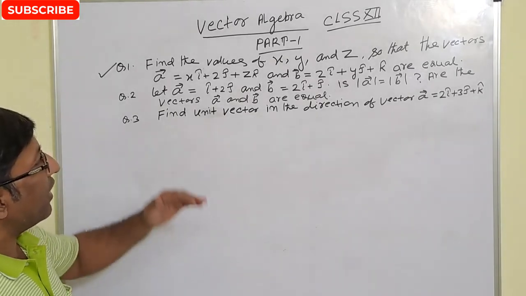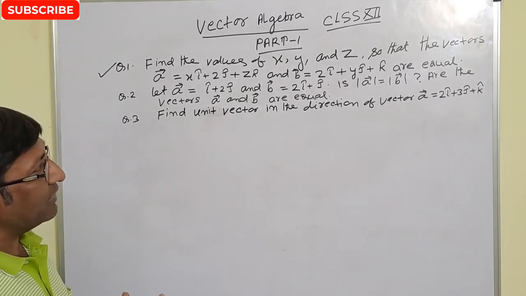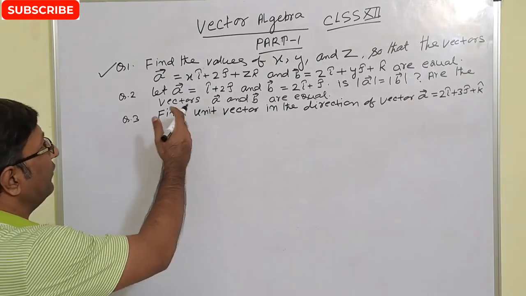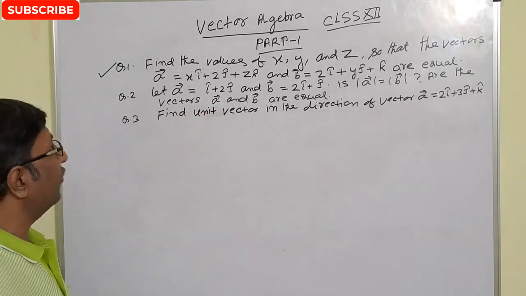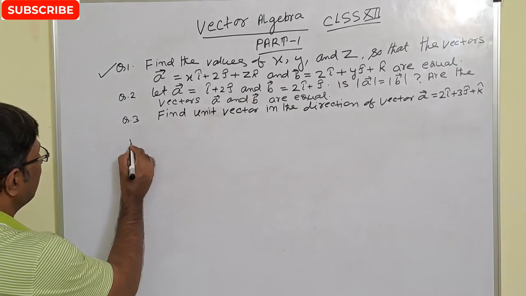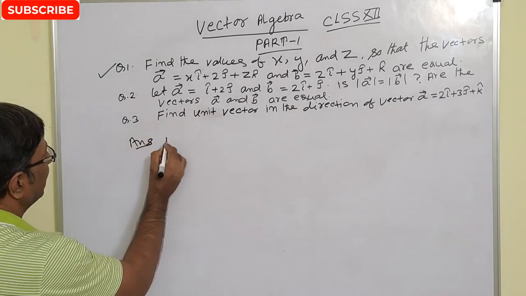तो क्वेश्चन हमारा: find the values of x, y and z so that the vector a and vector b are equal. So for this question, see answer first.